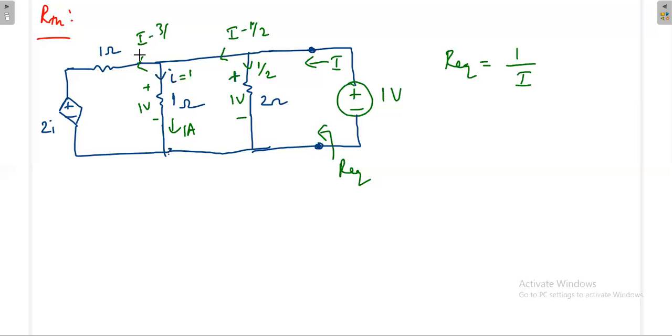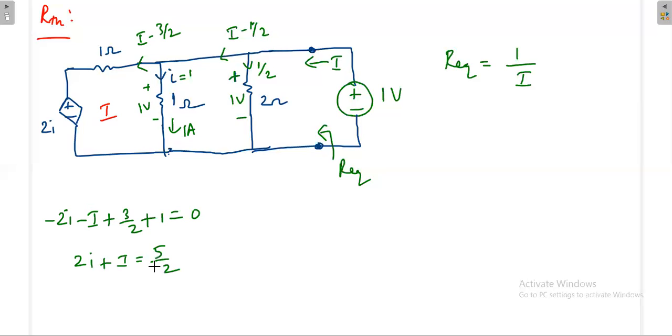Now you apply the KVL in any loop. I am applying the KVL in this loop. Now what happens? Minus 2i minus I plus 3 by 2, minus this 1 volt, is equal to 0. Finally, 2i plus I is equal to 5 by 2.